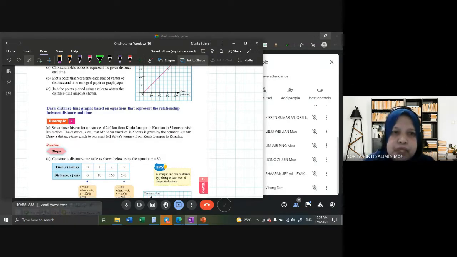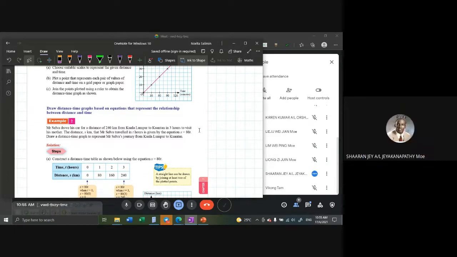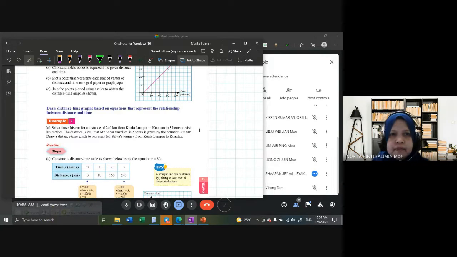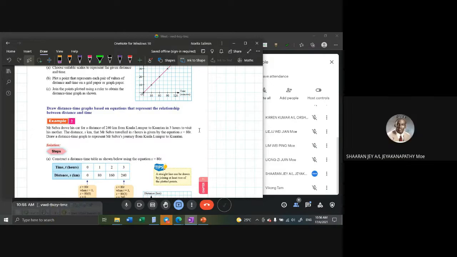Mr. Sarma drove his car for a distance of 240 kilometers from Kuala Lumpur to Kuantan in 3 hours to visit his mother. The distance in kilometers that Mr. Sarma traveled in 3 hours is given by the equation. Draw a distance-time graph to represent Mr. Sarma's journey from Kuala Lumpur to Kuantan.